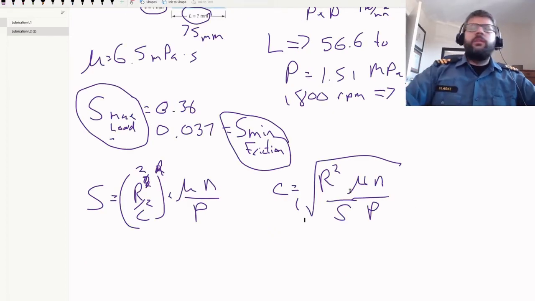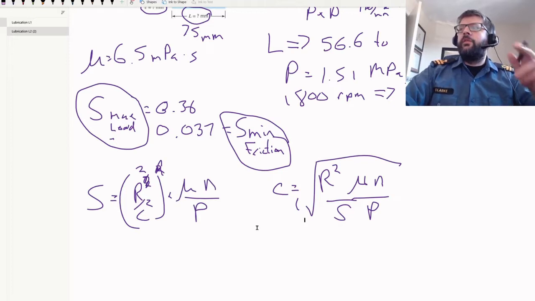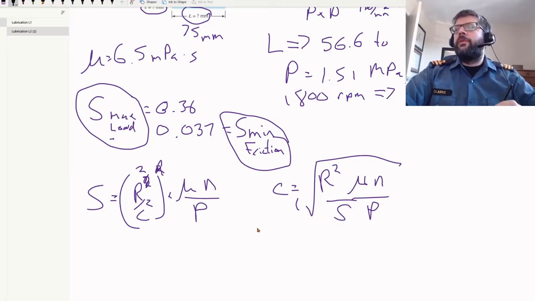So we've got two options here for the two different S values.